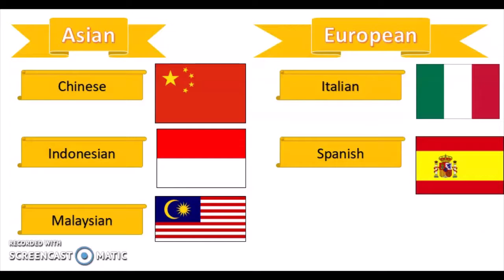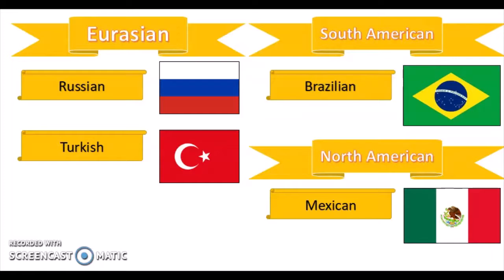On the other hand, we also have Europeans, such as Italian and Spanish people. For the Eurasians, the combination of European and Asian people, such as Russian and Turkish people. We also have people from South America, such as Brazilians, and North Americans, such as Mexicans.